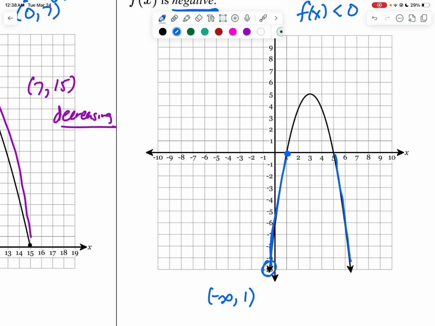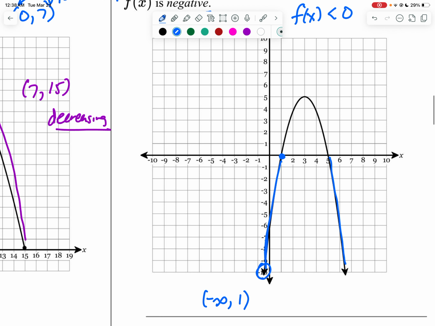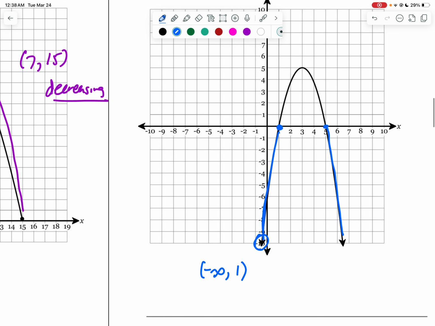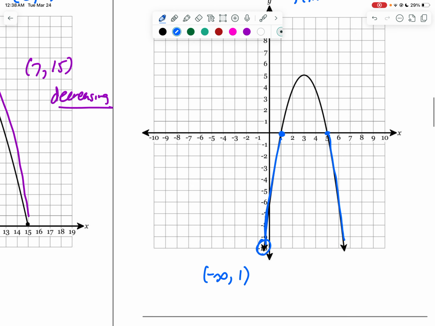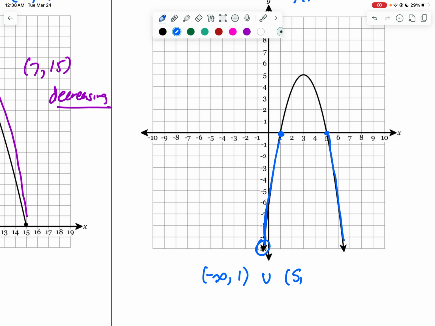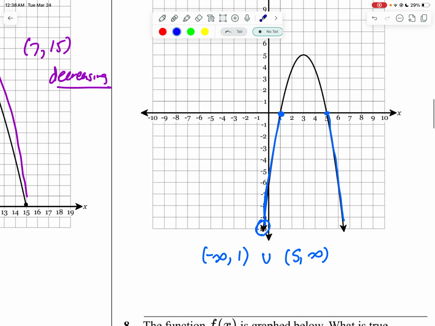So in this case, once again, we have a parentheses on 1. Same thing with 5 here. 0 is not less than 0. So we have union, 5 to infinity. We're reading this from left to right. So going from negative infinity here to positive 1. And then going from positive 5 to positive infinity.